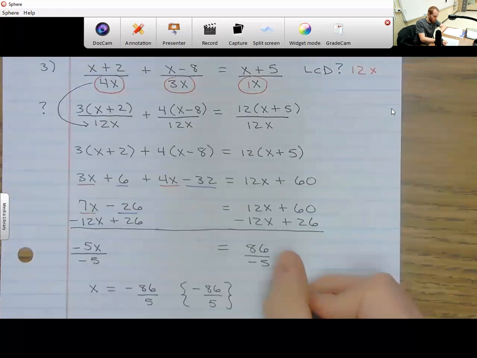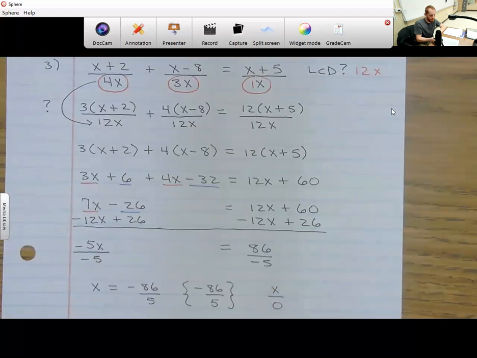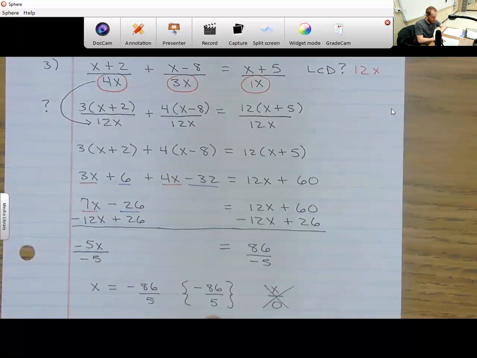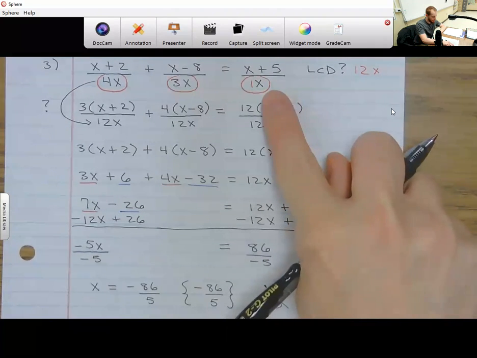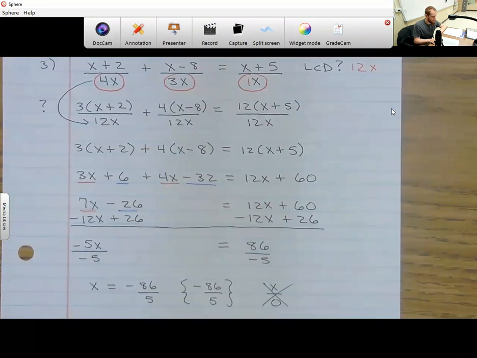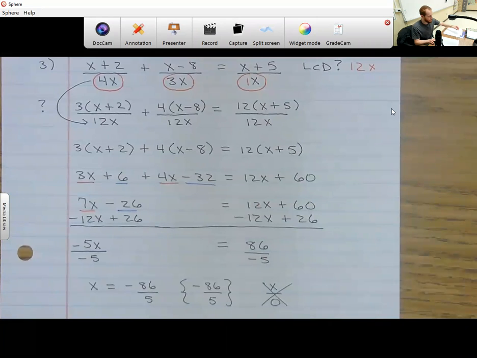Because if I have a fraction with a denominator of 0, that means I'm dividing by 0, and we can't have that. So if I plug this in for x in my original equation, I'm not really dividing by 0 anywhere. So that's good. At least I'm not dividing by 0.